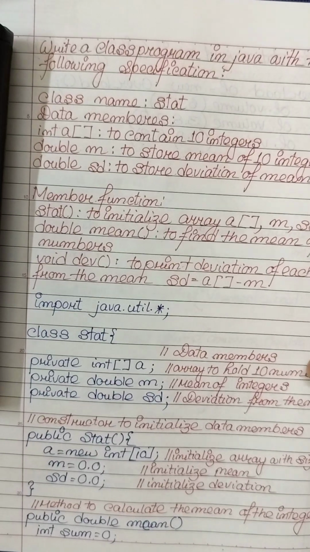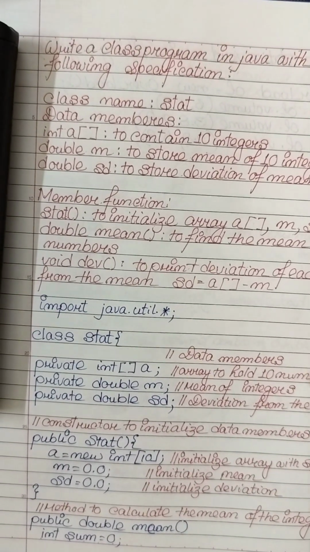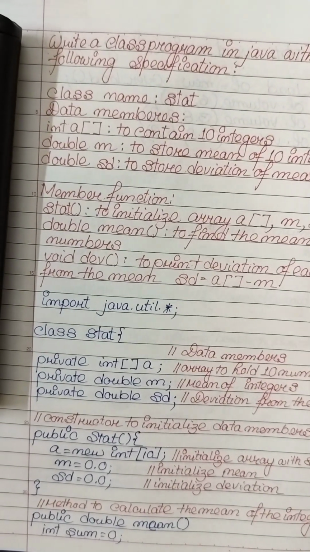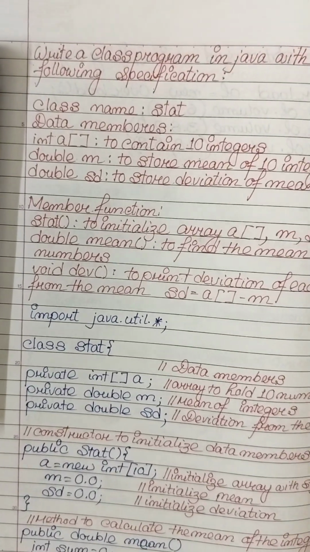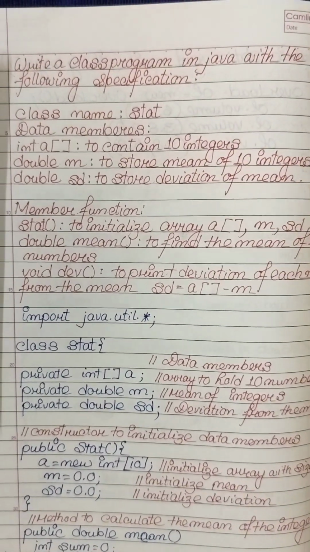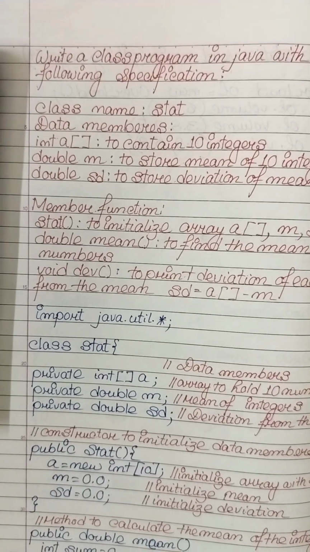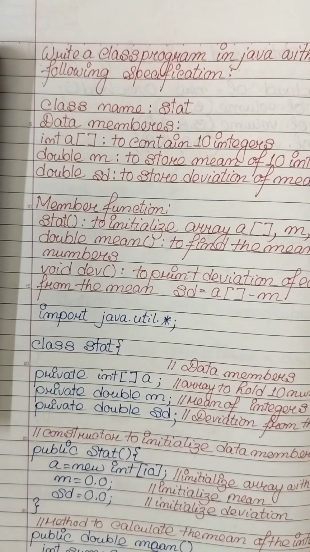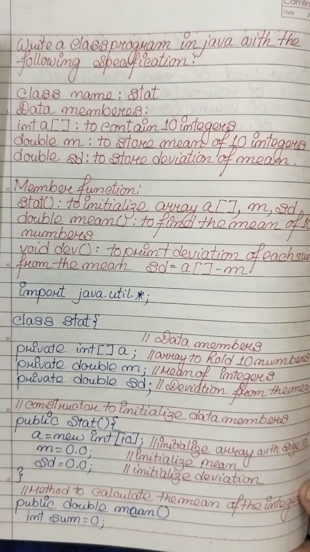The data members are int a, an array to contain 10 integers, double aim to store the mean of 10 numbers, and double sd to store the deviation from the mean. The member functions are stat, to initialize array a, aim and sd.